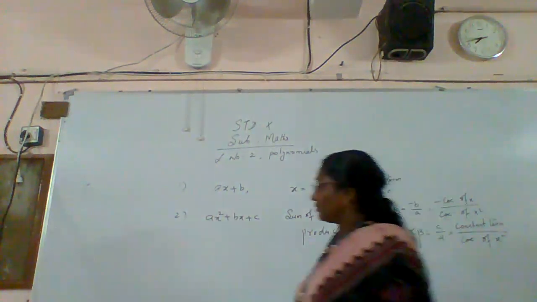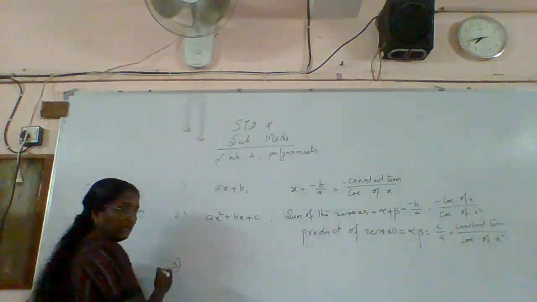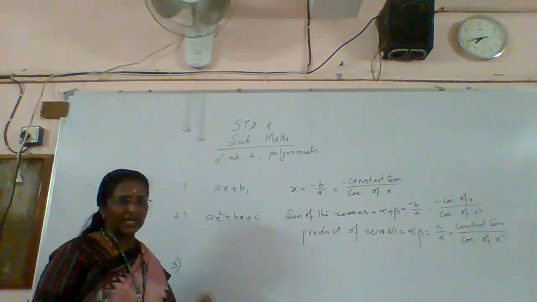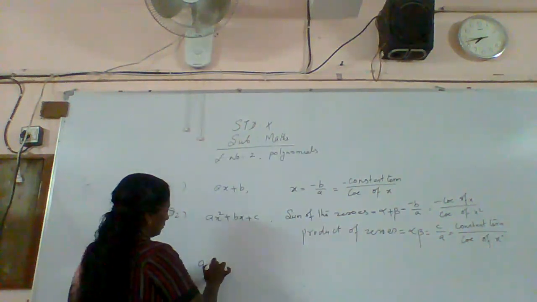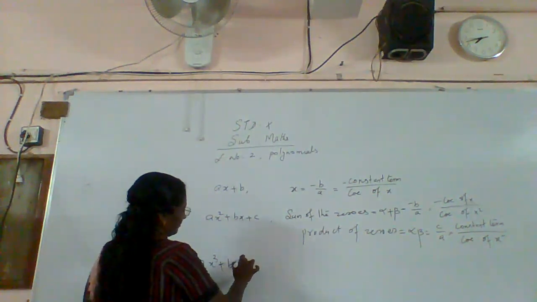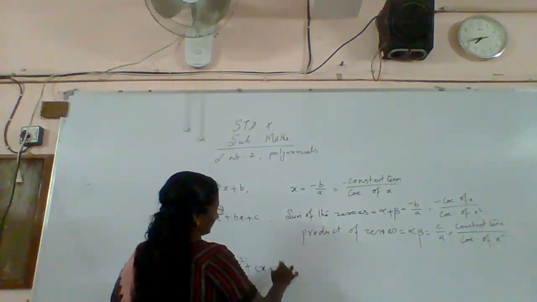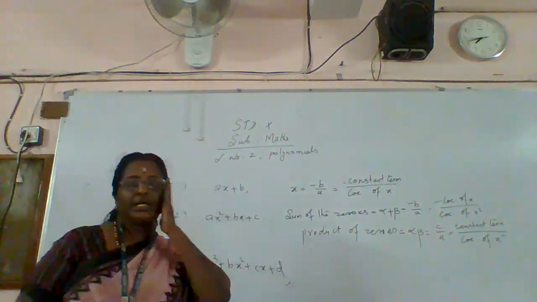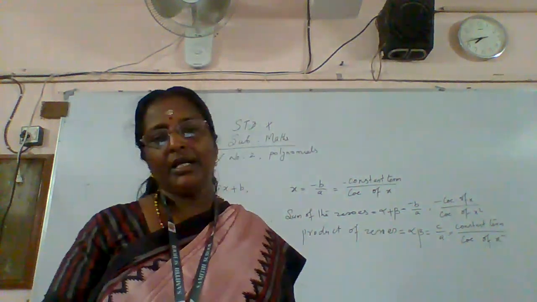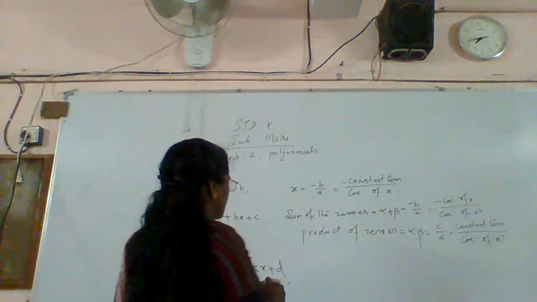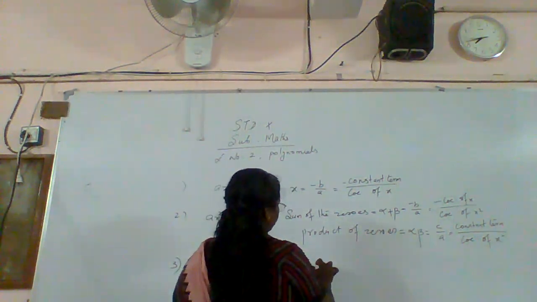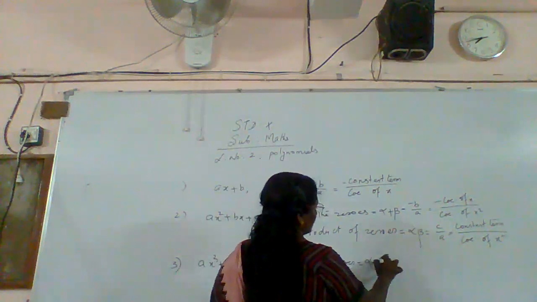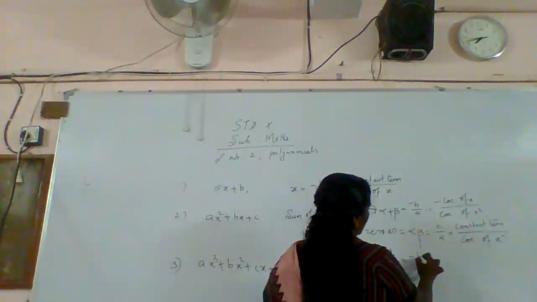Clear? Now the third polynomial, polynomial number 3. I already explained all these in previous classes; now we are only revising. ax cube plus bx square plus cx plus d. In this one, how many zeros will come? Maximum 3 zeros. Which zeros did we take? Alpha, beta and gamma. First we will take the sum of the zeros, alpha plus beta plus gamma, which you already did: it is minus b by a.